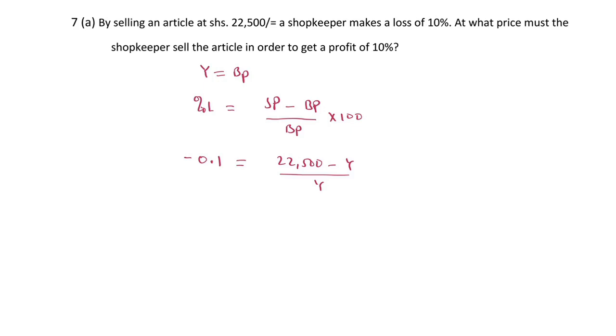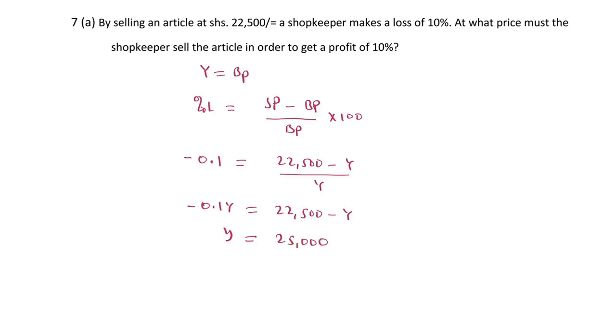Our equation is going to be negative 0.1 Y equals 22,500 minus Y. Okay, so next, solving for Y and making Y the subject, we are going to get Y equals 25,000.